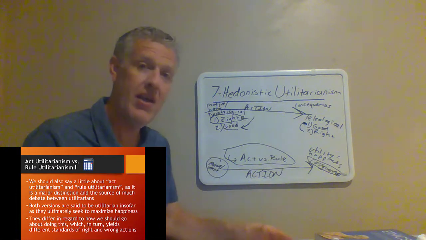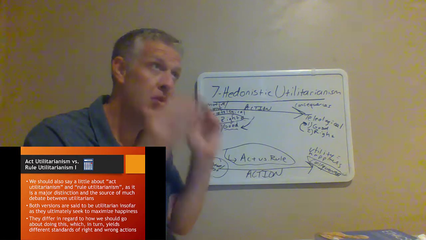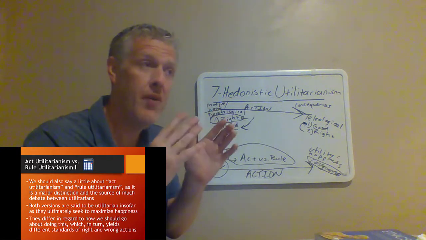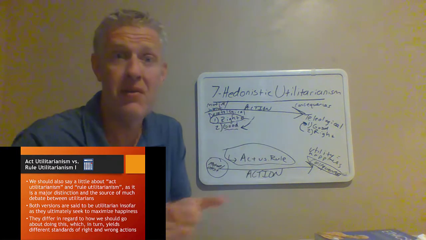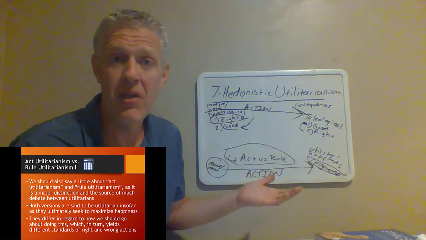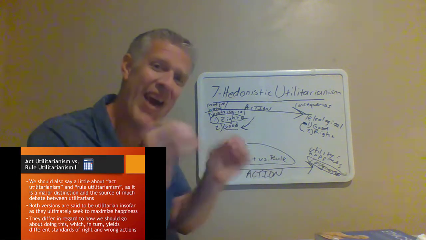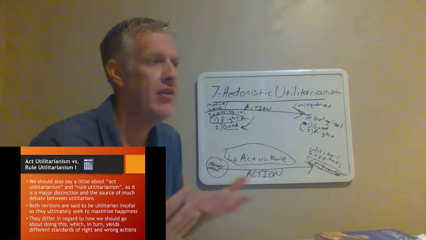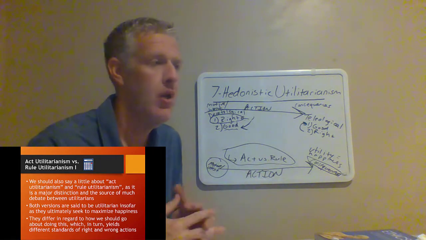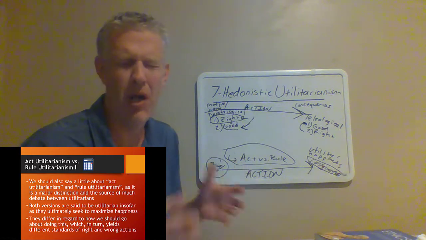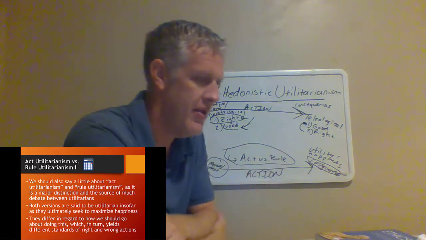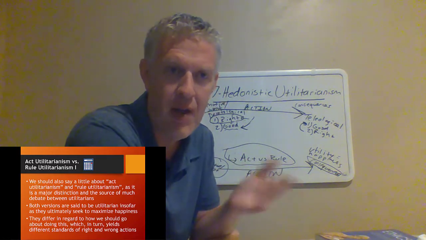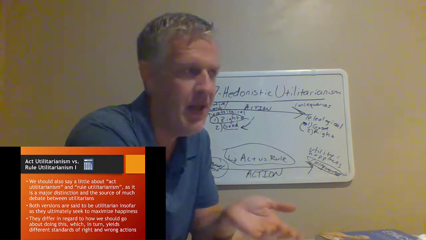If that's the case, and we're required to perform these utility calculations in every moral dilemma, it looks like that's all we're doing, making utility calculations all the time. And isn't that itself undermining our pursuit of pleasure? If we're constantly being taxed and required to perform these complicated calculations, how can we be happy when we're doing that?